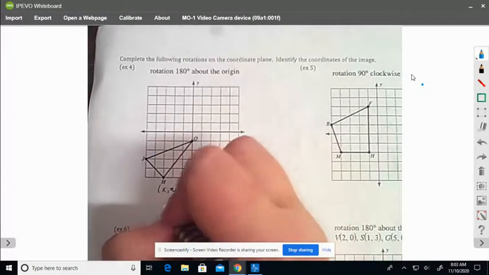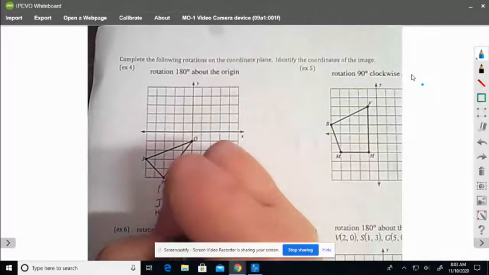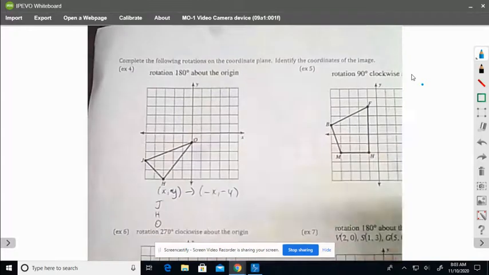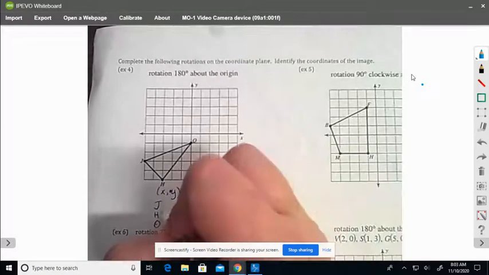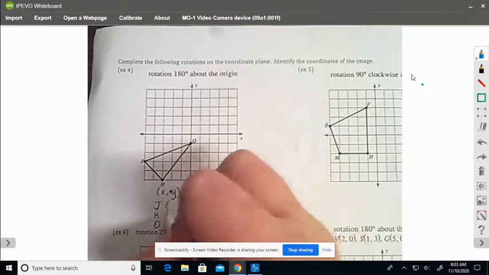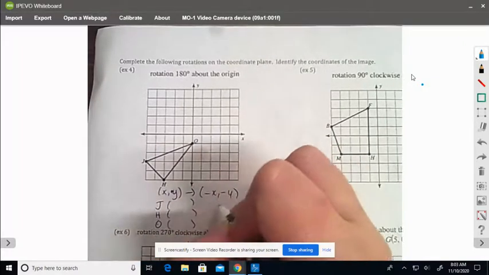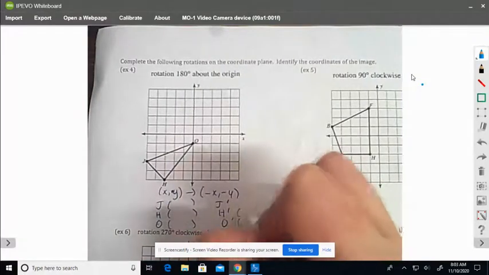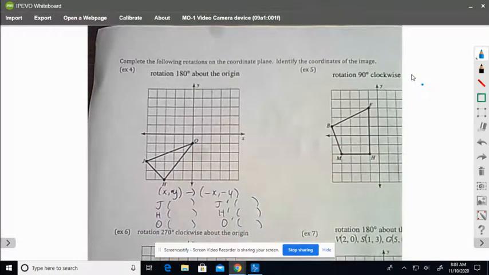I have the points J, H, and an O or a Q? I'm going to call it an O. And then they each have a coordinate that I want to write down. And then I got to find the J prime, H prime, and O prime. Those will be my new points.